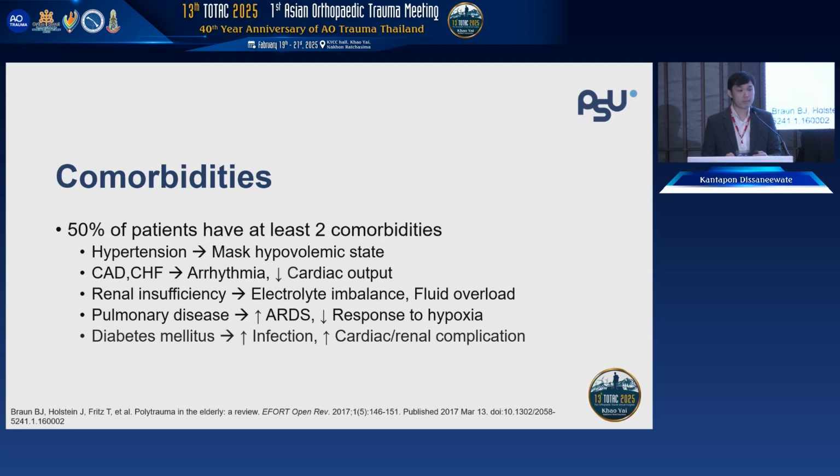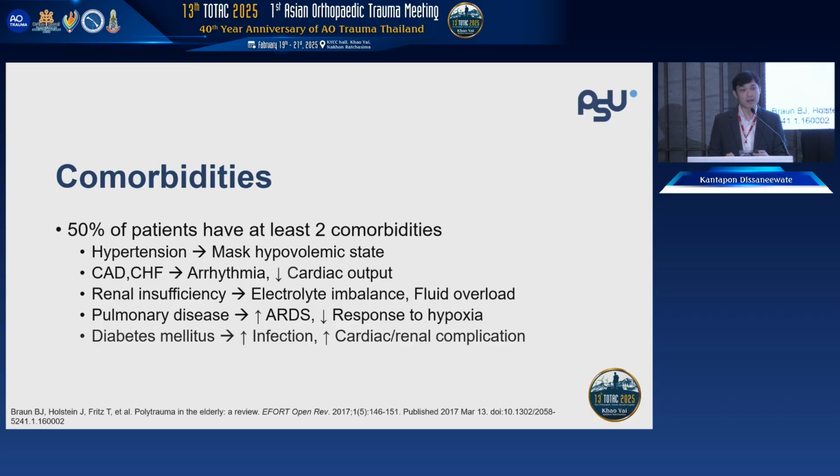Next up are the comorbidities. 50% of patients in this group have at least 2 comorbidities, and at least 25% have at least 3 comorbidities. The most common comorbidity is hypertension. This by itself is not to be scared of, but in conjunction with polytrauma, it can mask the hypovolemic state.